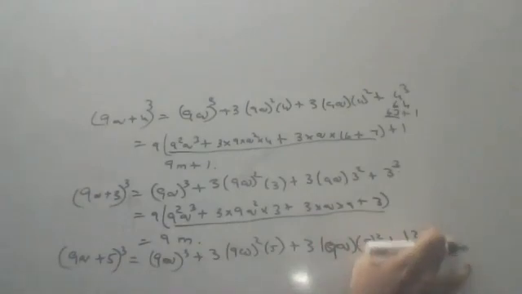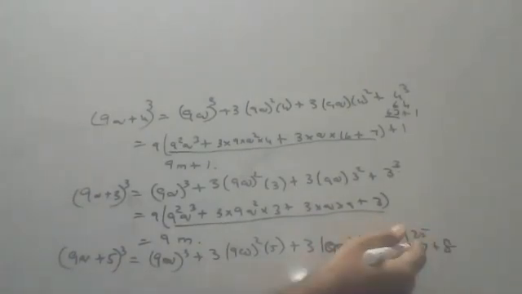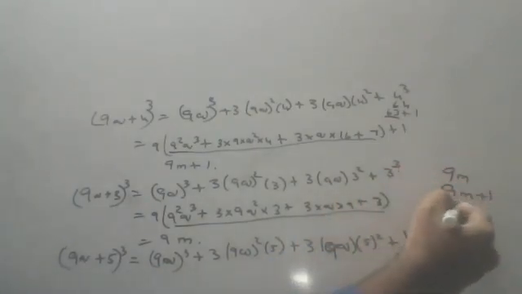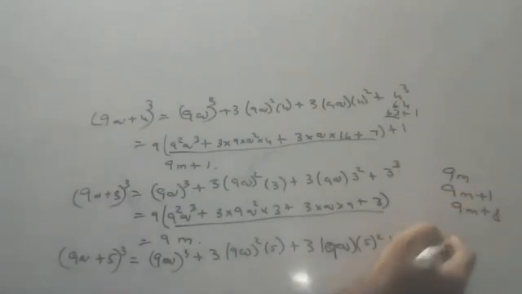When 124 also won't go in 9, then I wrote 117 plus 8, because he wants either 9m or 9m plus 1 or 9m plus 8. When plus 8, I wrote 117, which will go in 9 table. So take 9 common, 9 square cube cube.